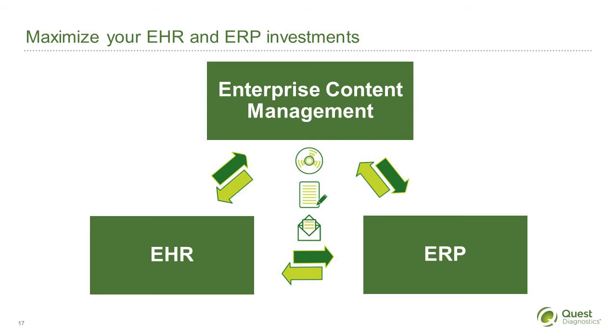And that simple click brings forward that external content that's associated with the patient or with the employee in the case of an ERP. And your ECM strategy is behind the scenes queuing up that external content as needed.